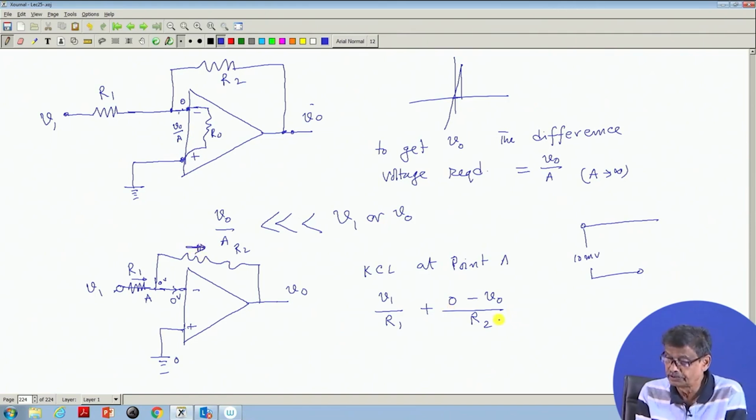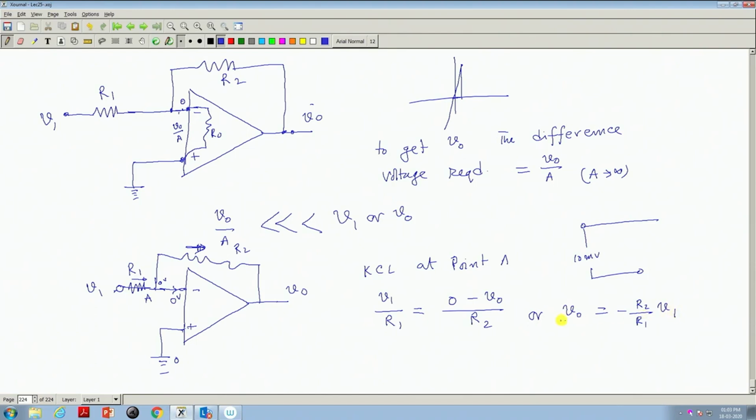So, (0 minus V naught) by R2, and these two should be the same. Or you will get V naught is equal to minus R2 by R1 into V1, that is all.